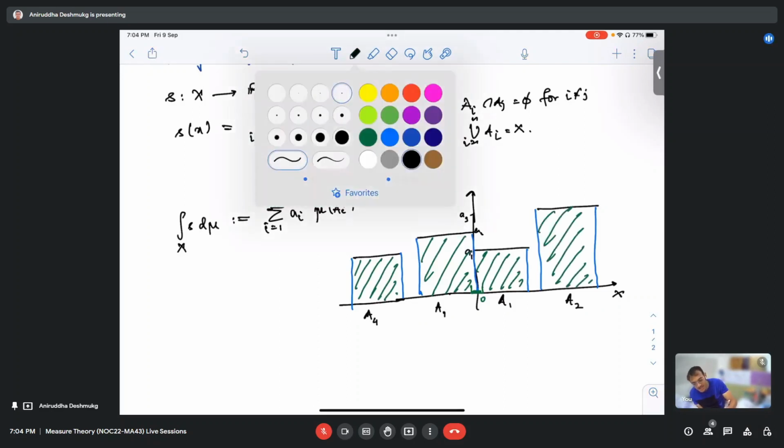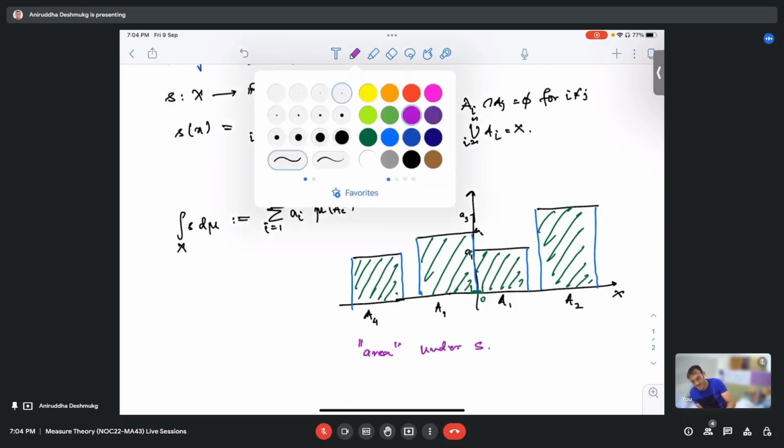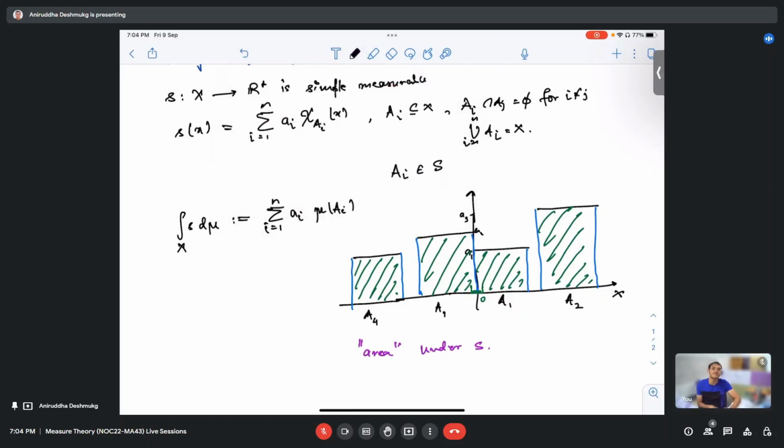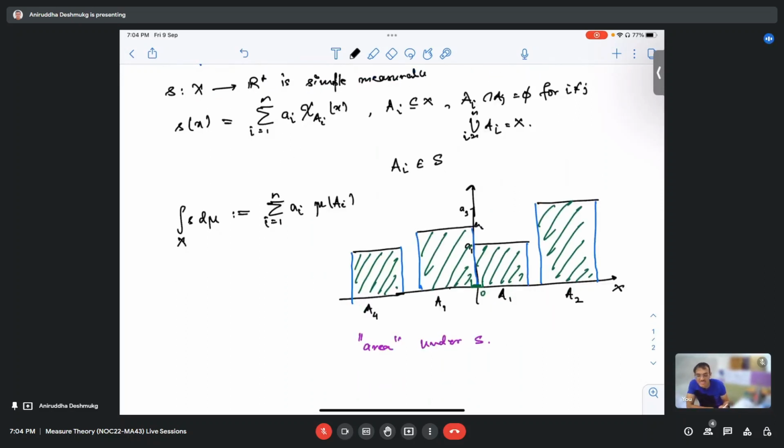That is going to be the area under, well, let me not call it area in the sense that I'm just calling it area under s. And that is quite intuitive, because in Riemann integration, the whole motivation of defining Riemann integral was to get area under curves of continuous functions.